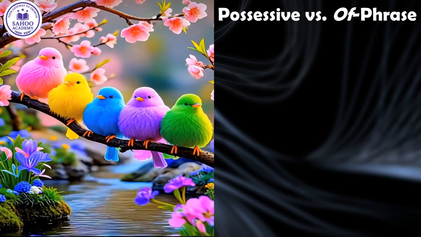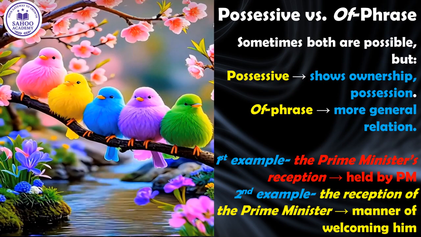Now let us understand the difference between the possessive form and the of phrase. Sometimes both forms are possible, but their meanings are slightly different. The possessive form mainly shows ownership or possession. The of phrase shows a more general relationship and often gives extra information. Look at the first example. The Prime Minister's reception. This means the reception held by the Prime Minister.